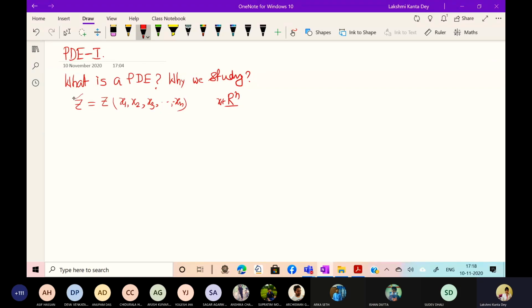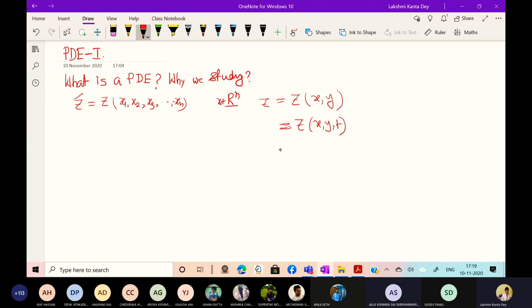There are several notations for that, but normally we use Z as the dependent variable, and X, Y. In the case of R3 particularly, Z is a function of X and Y. These are two independent variables. Sometimes maybe Z, X, Y, T in some other cases.